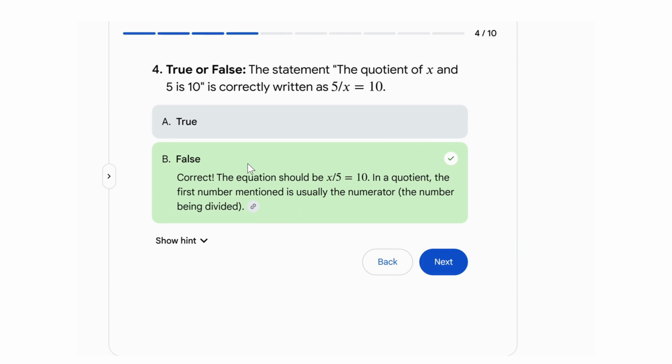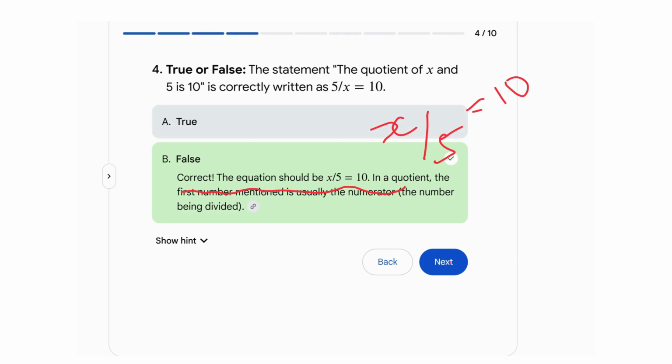Correct. The equation should be x divided by 5 equals 10. In a quotient, the first number mentioned is usually the numerator, that's the number being divided.